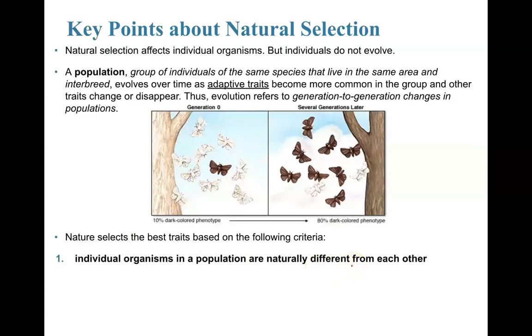If all the individuals in that population were clones of each other and all had the exact same traits, you're not going to have a trait be selected for since they all have the same traits. You have to have different traits. Like this population here, I have brown phenotype, I have the white phenotype. There's a difference in individuals. So that's the number 1 criteria.